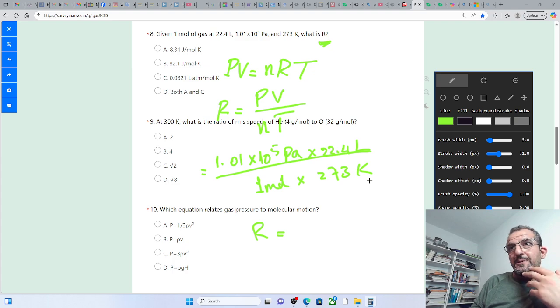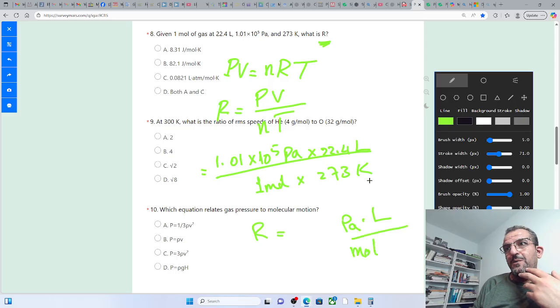So before I write the number, let's work with units. I have Pascal liter over mole Kelvin. The mole Kelvin is right here, so that's right. We have Pascal liter. The liter is the volume and Pascal is pressure.